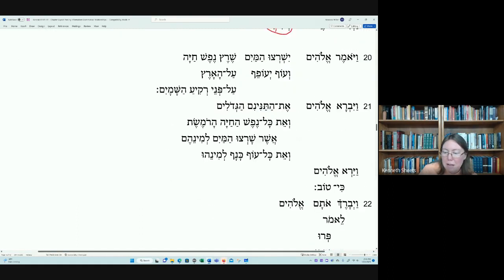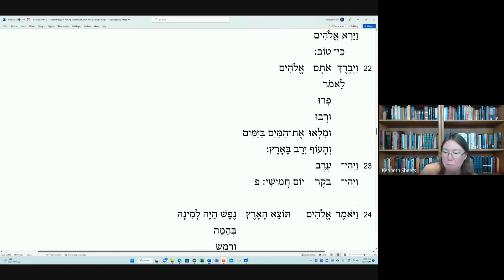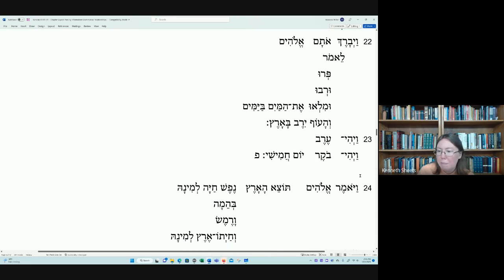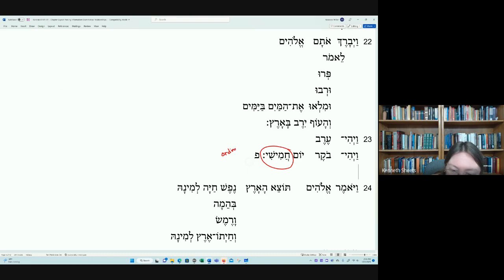And then if we come on down just a little bit further, verse 23, vayihi erev, then existed evening. Vayihi voker, then existed morning. Yom hamishi. There it is. There's our number. And you can see the Hickory ending. Another ordinal idea, fifth.